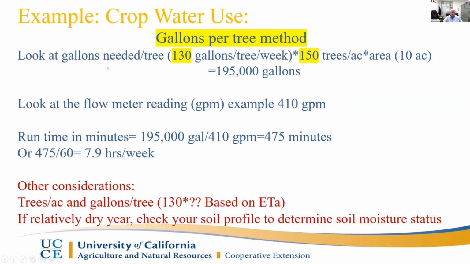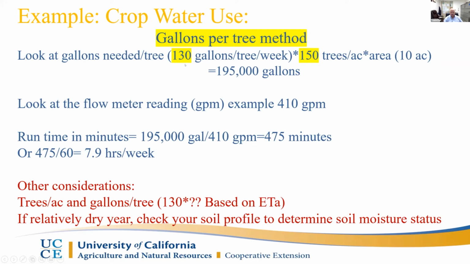Sometimes, you can find the crop water requirements based on the number of trees that you have and how many gallons each tree will need. So maybe a farm advisor or somebody will tell you, well, based on what you have in this field, I recommend applying 130 gallons per tree, per week.